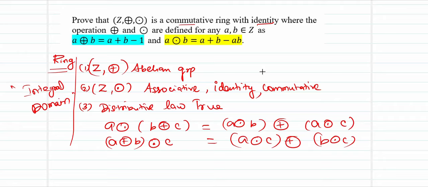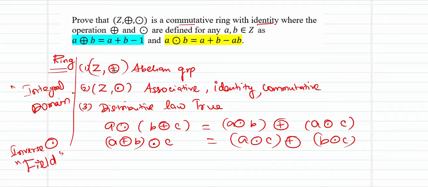Now if one more component, namely inverse, is added to it, you can have one more question added to the same problem, to show that it is going to be a field. So when you have inverse added with respect to dot circle, the problem can be converted to that of a field.